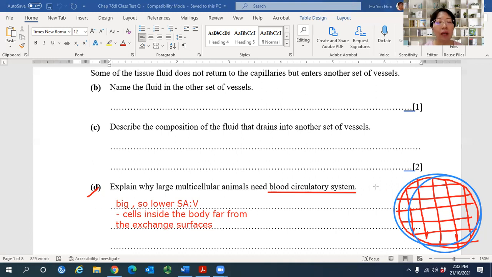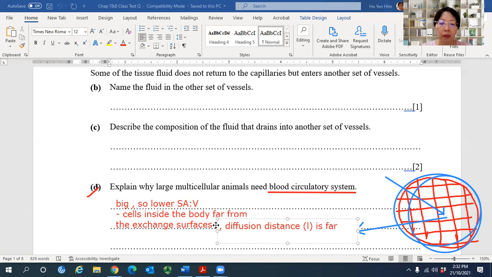Because the cells are very far away, if you allow material to move between the external and internal environment, let's say between this cell and the external environment, you want oxygen and nutrients to go in and waste to go out. The diffusion distance, represented by the symbol L, becomes very far.